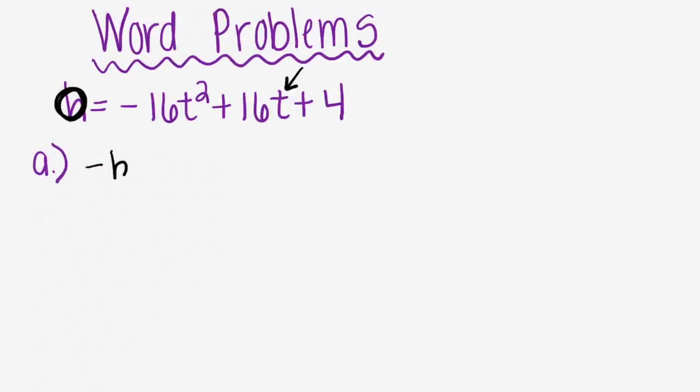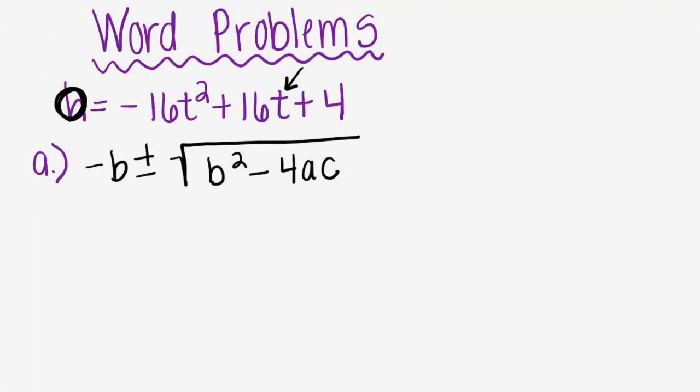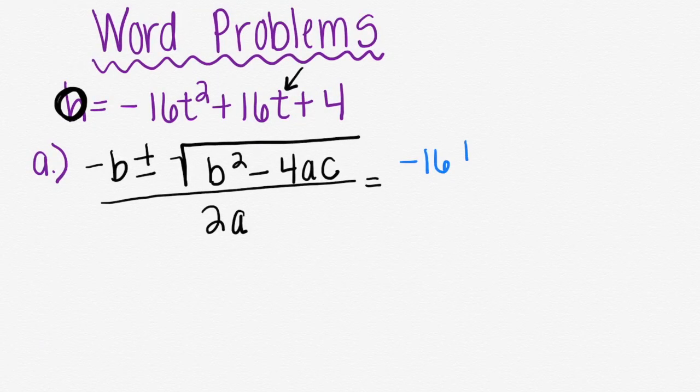So the negative b plus or minus the square root of b squared minus 4ac all over 2a. Which also means that we're going to have some really big numbers, so you're going to need a calculator. Okay? So I'm going to go ahead and transfer all of these letters into numbers. So we've got negative 16 plus or minus the square root.